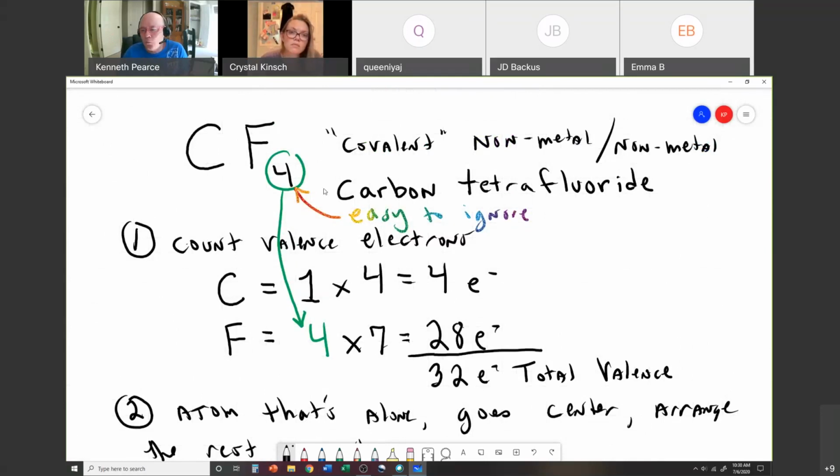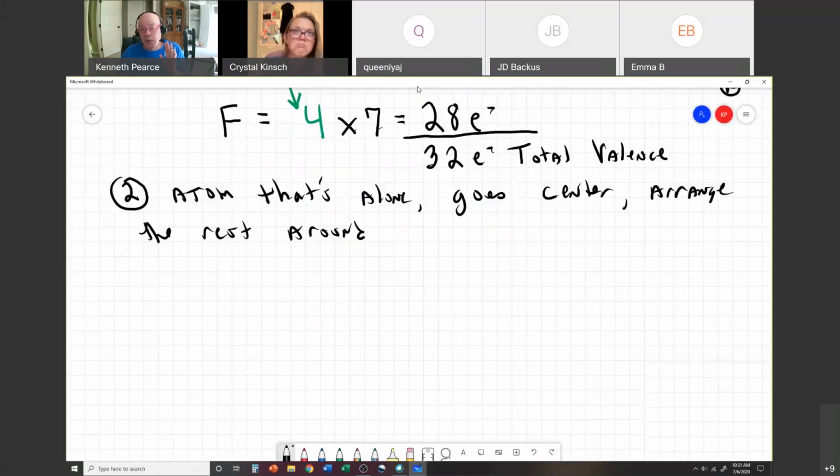Think about H2O. What's by itself? The oxygen. But it's on the right-hand side. You see that? The oxygen would go in the center in that case. Just because it's on the left-hand side does not mean anything. That's what I mean by that.